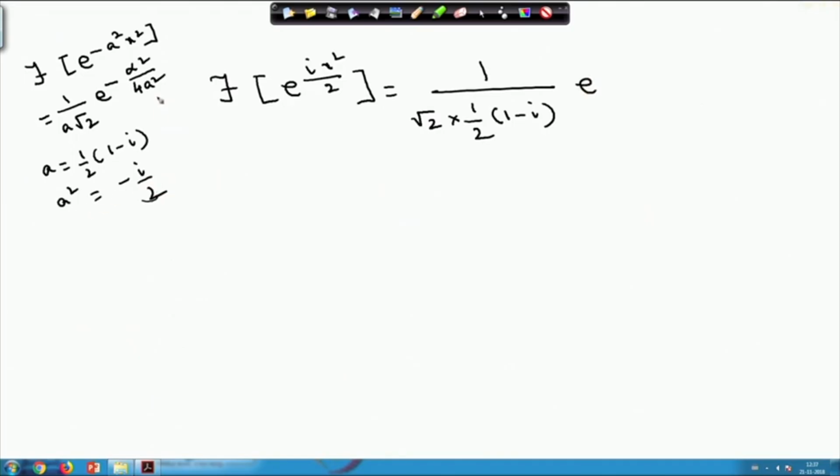So it will become e power alpha square by 4 into i by 2. This minus gets cancelled over here.